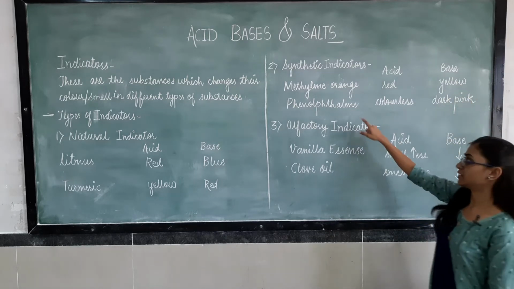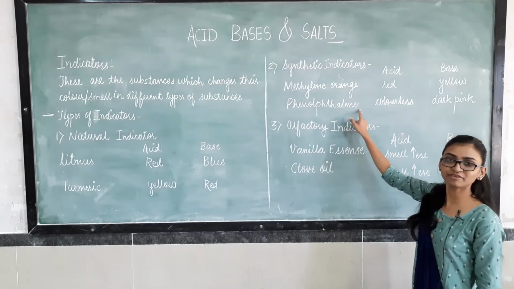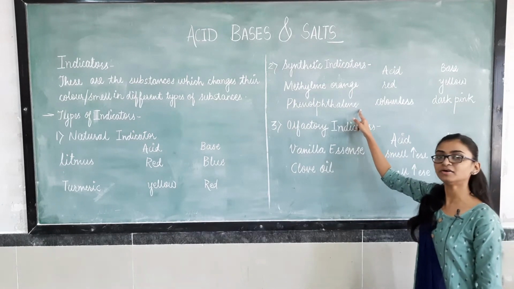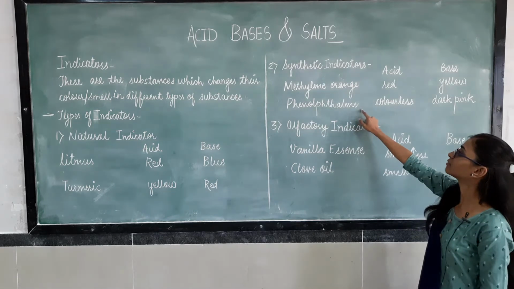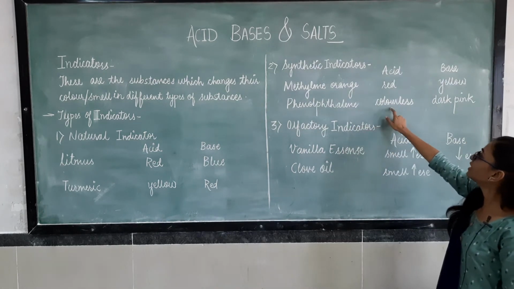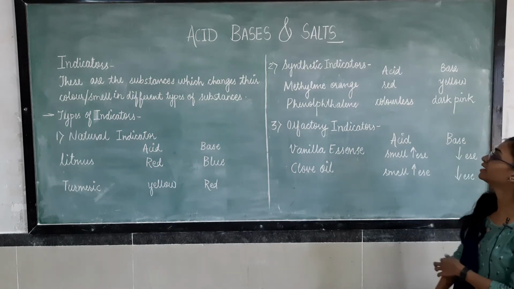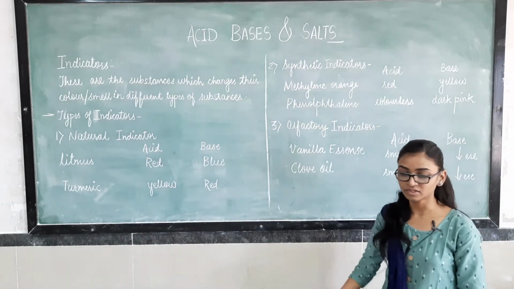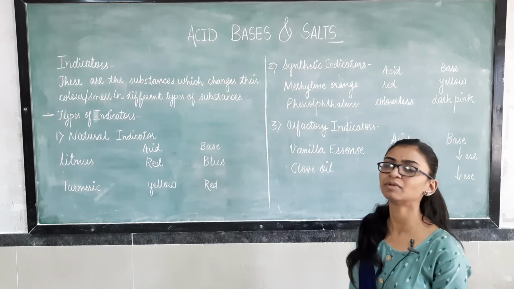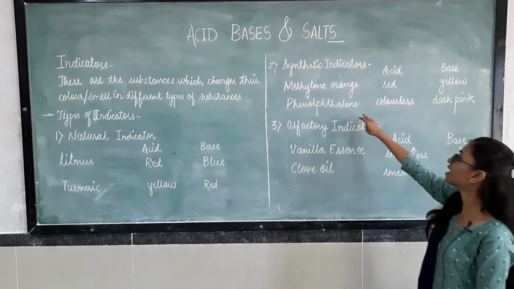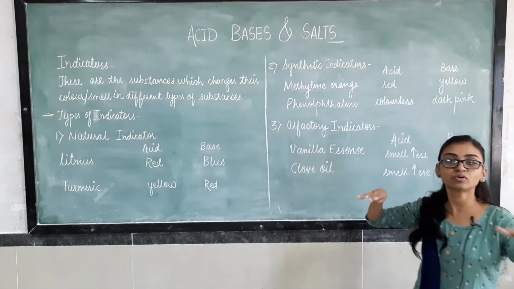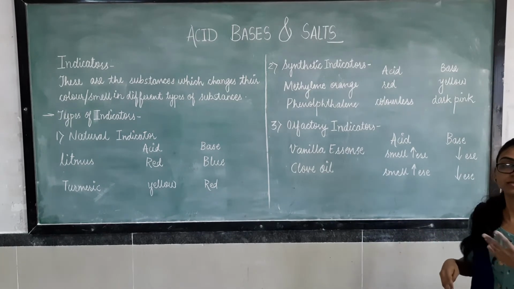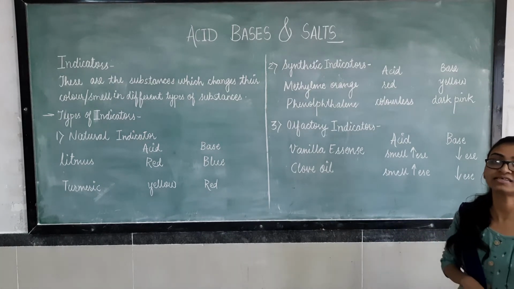Now phenolphthalein. Have you done experiments with phenolphthalein? If not, we'll perform this, okay. Phenolphthalein, when it reacts with acid, turns the solution colorless. The solution of acid is colorless, and if we add phenolphthalein, there is no change; the mixture will still be colorless.